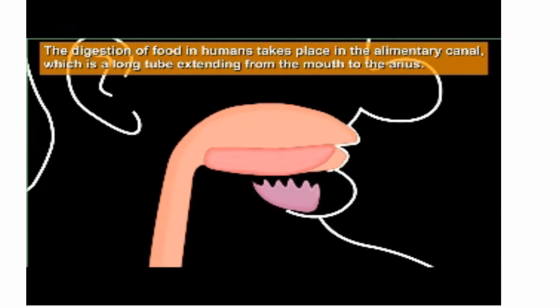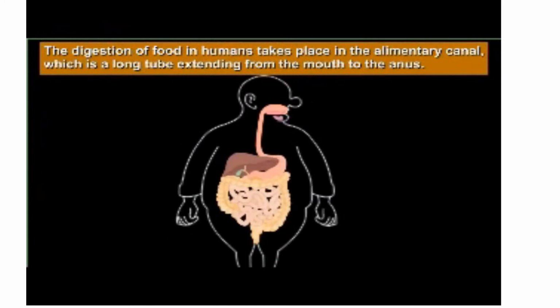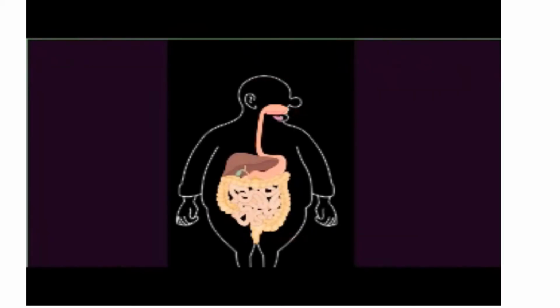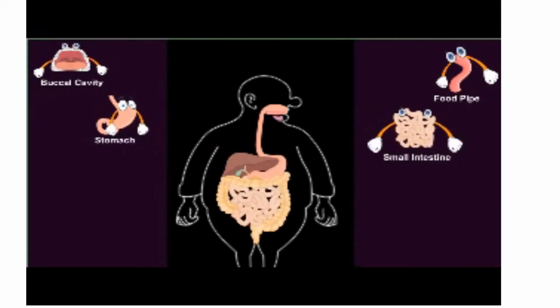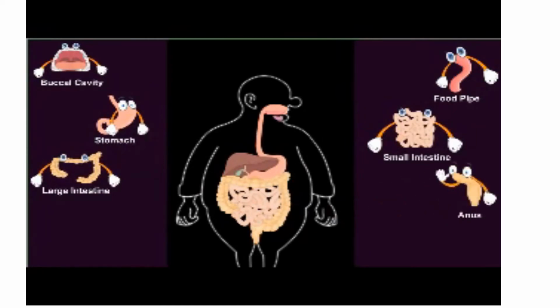The digestion of food in humans takes place in the alimentary canal, which is a long tube extending from the mouth to the anus. The different parts of the alimentary canal are buccal cavity, food pipe or esophagus, stomach, small intestine, large intestine, and anus.